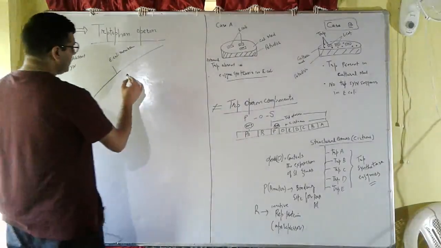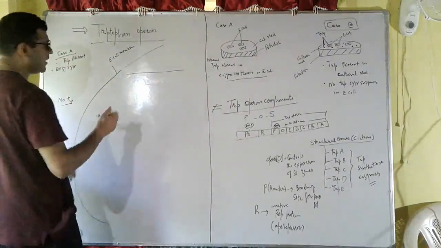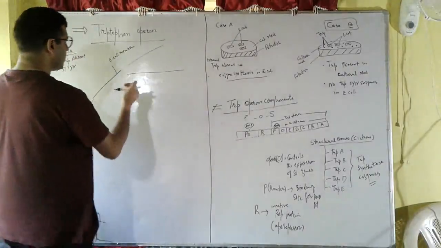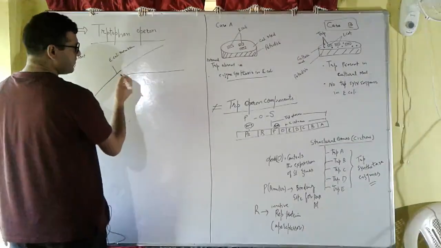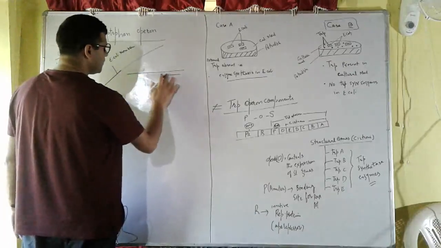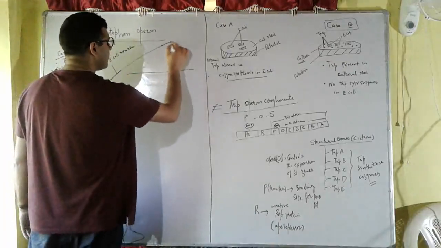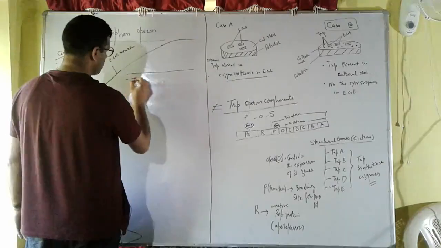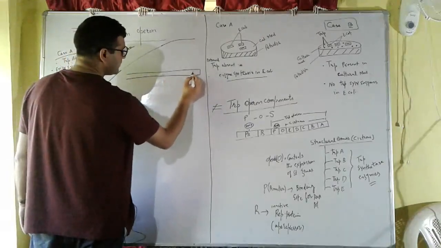Here, see the molecular mechanism, how enzymes are synthesized in E. coli. This is the bacterial DNA, the E. coli DNA.